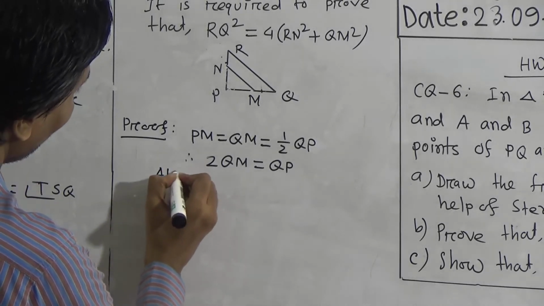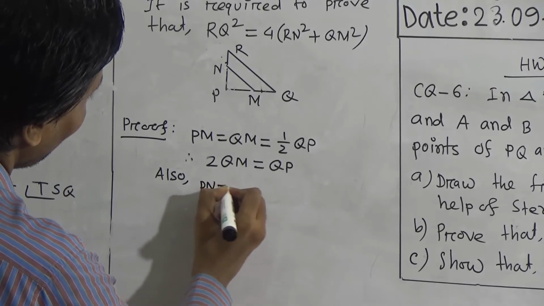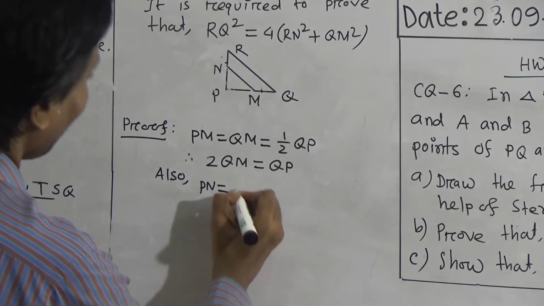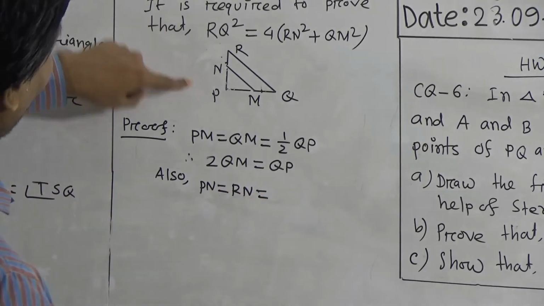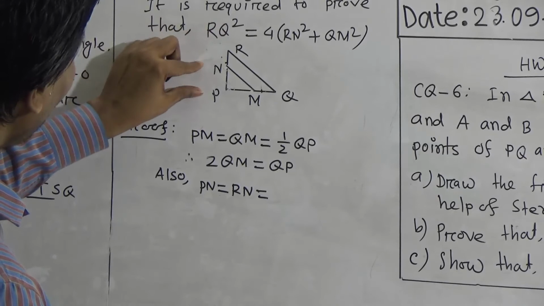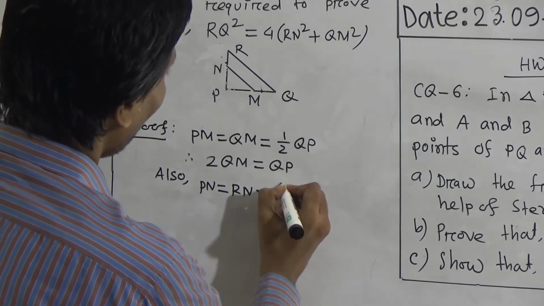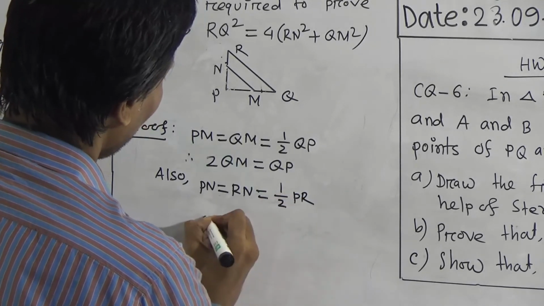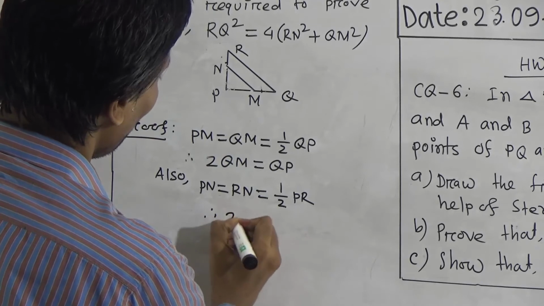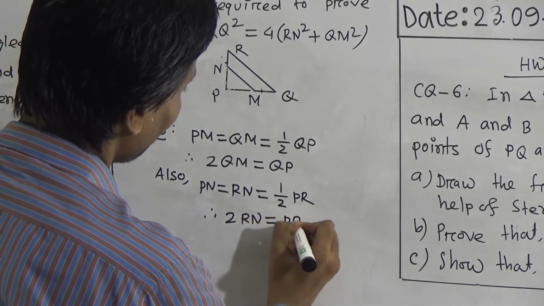Also, look, N is the midpoint of RP, so NP equal to RN equal to 1 by 2 PR. That means we can write 2RN equal to PR.